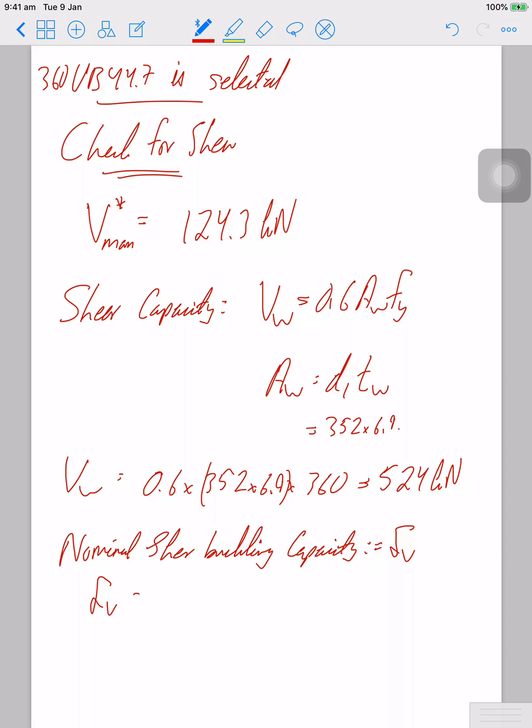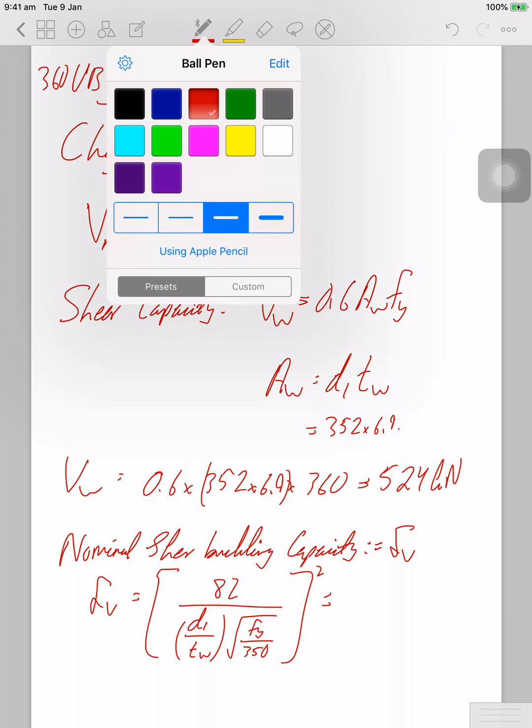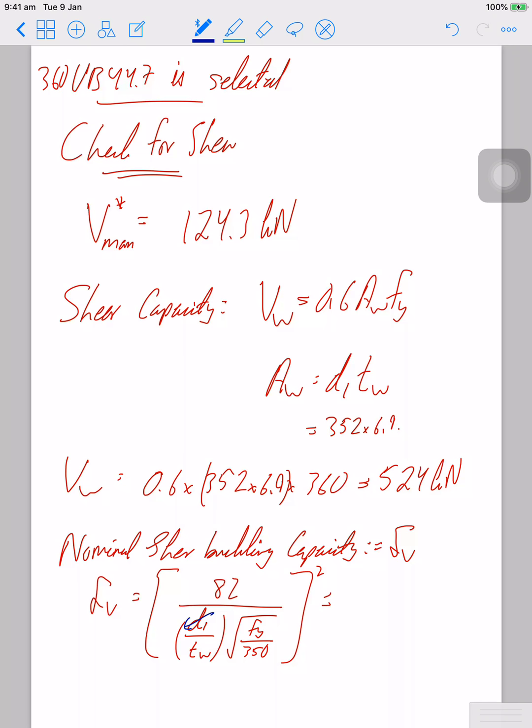So it's like your alpha_m and your alpha_s. So plug in your numbers. Put in 352.